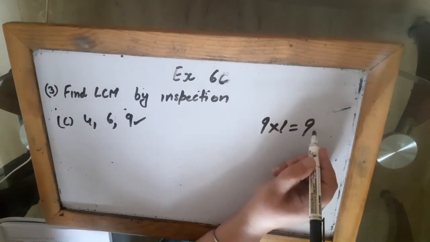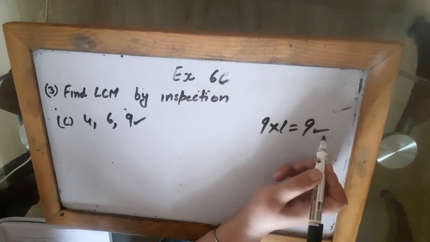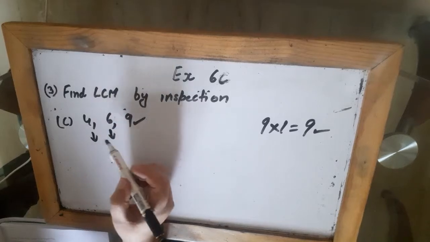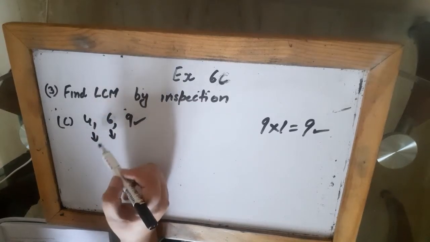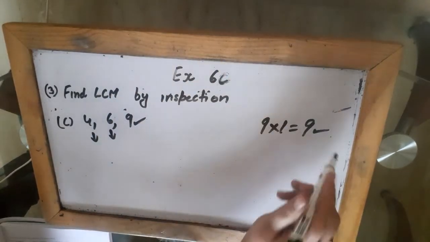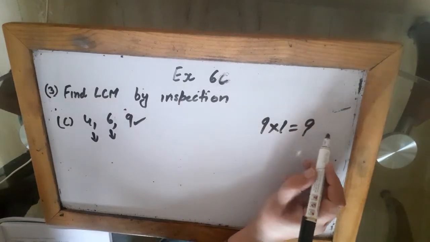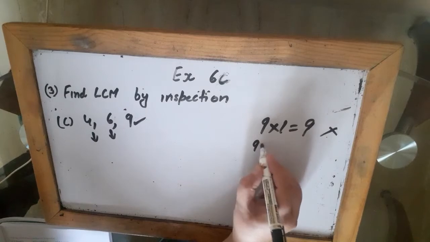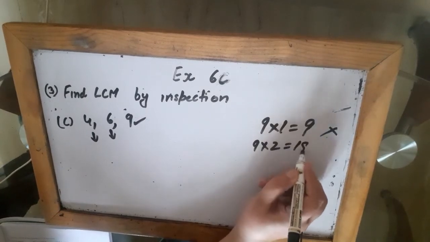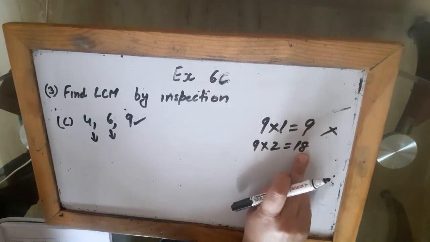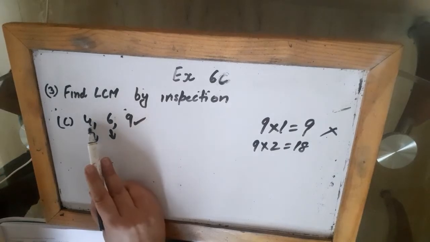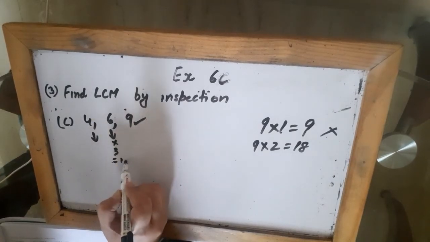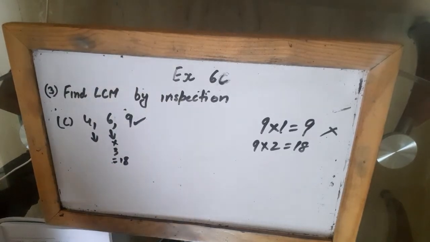9 ones are 9. Now I will check whether this 9 is a multiple of 6 and 4 also. No, on both the tables I don't get 9, so 9 is not a multiple of 6 and 4. So it means this cannot be the LCM of these three numbers. Now 9 2s are 18. Now I will check whether this 18 is a multiple of these. Now I know that 6 3s are 18, but on the table of 4, 18 doesn't come at all.